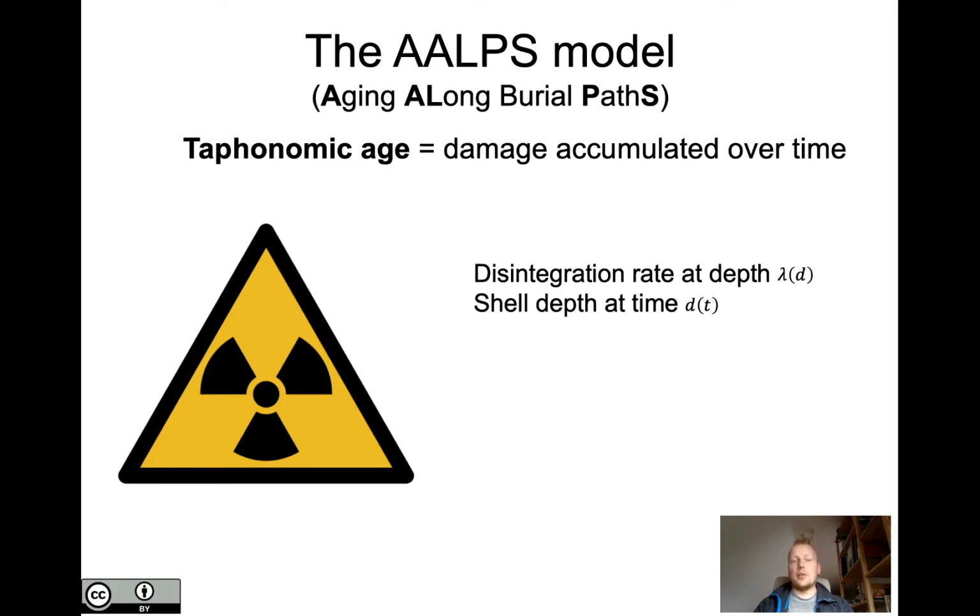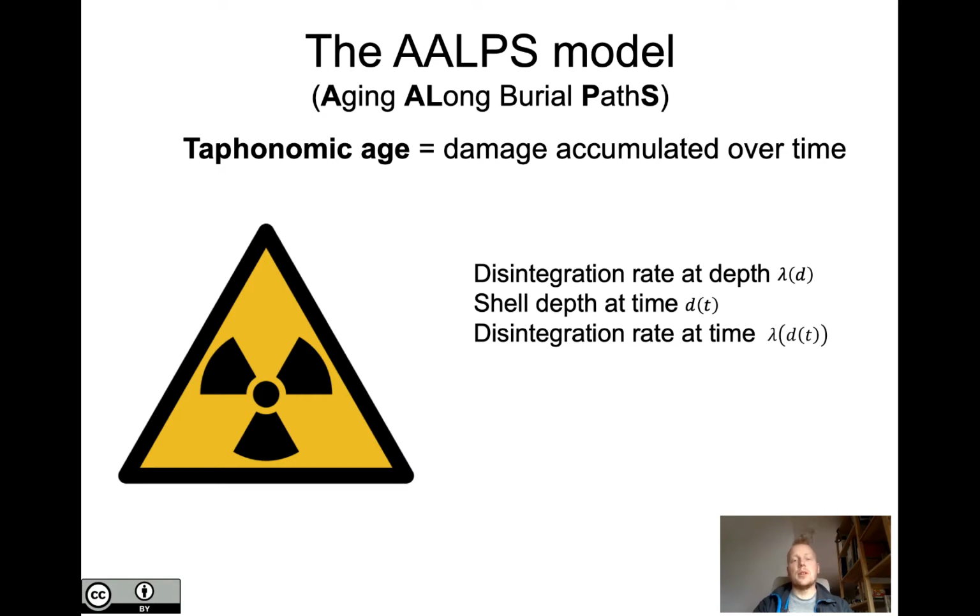We need 2 types of information. The first is the disintegration rate at a given depth in the sediment, and this will simply determine the shape of the taphonomically active zone. The second part is the shell depth at a given time, which describes the burial path each individual shell has throughout its lifespan.